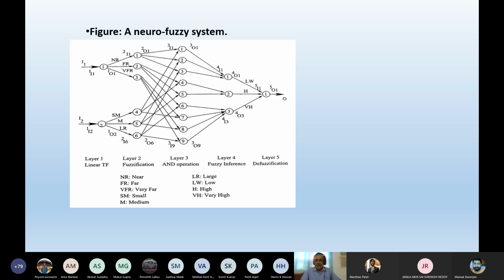It is not the conventional transfer function of the multi-layered feed-forward network. So keeping in mind what is happening in that particular AND operation layer, you have to design that transfer function. The way the computer program was written, two mu values will come, one from I1, another from I2.